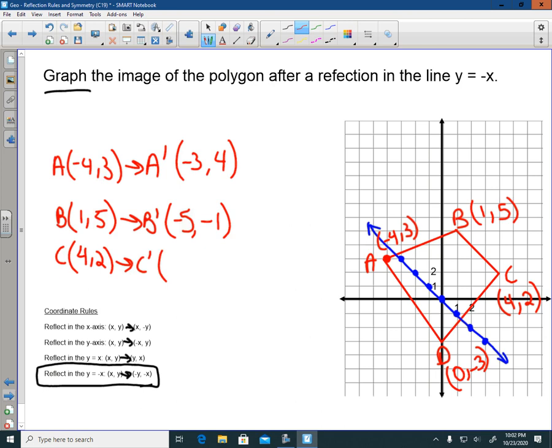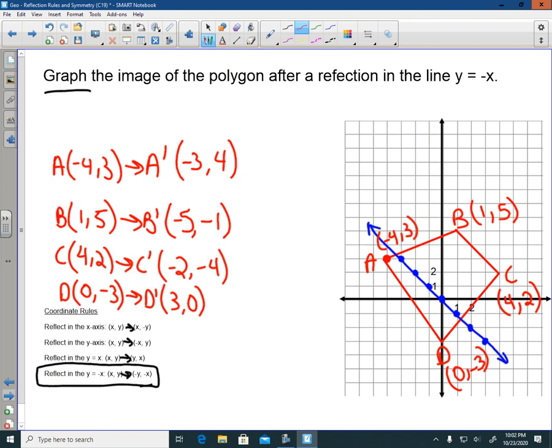Flip the values, and then also flip their position. And so you have negative 2, negative 4. And the last one, D, lives at 0, negative 3. And so to get D prime, we have to flip them. And so we have positive 3 and then 0, because the opposite of 0 is 0.